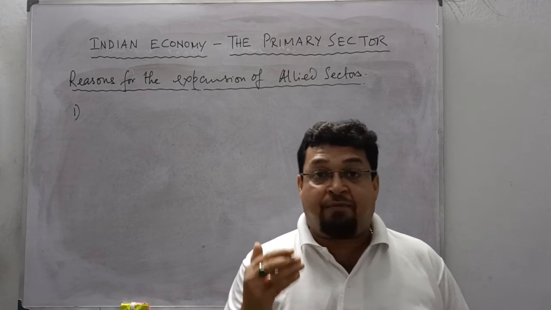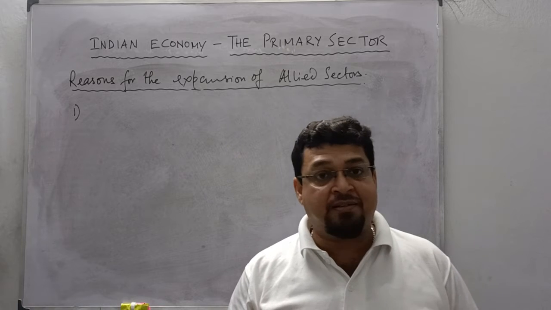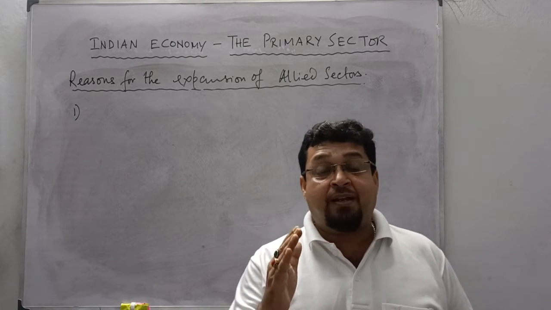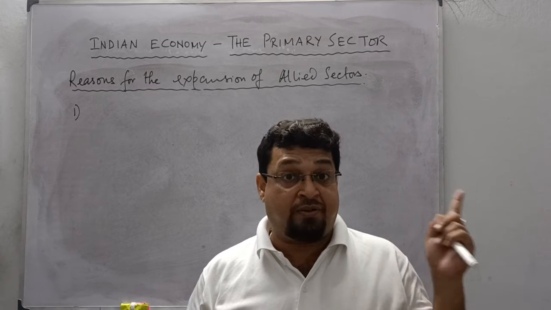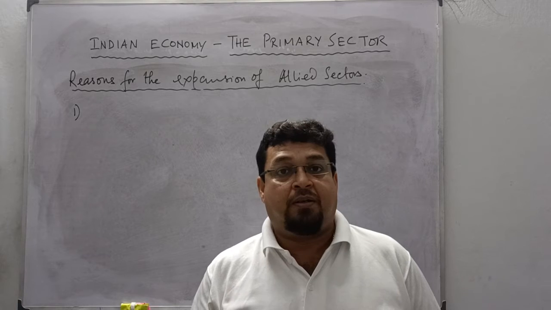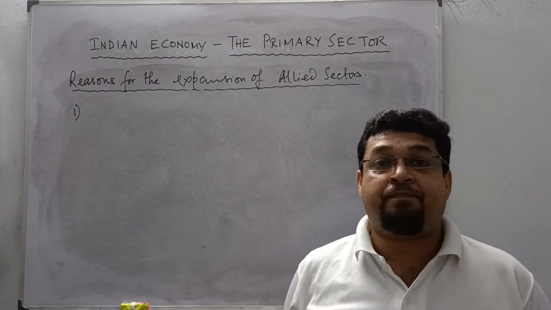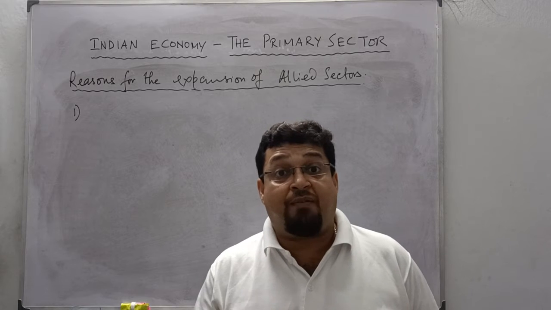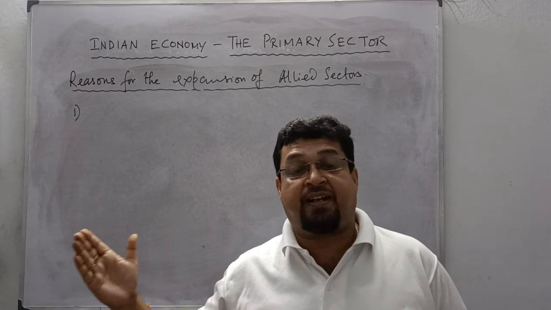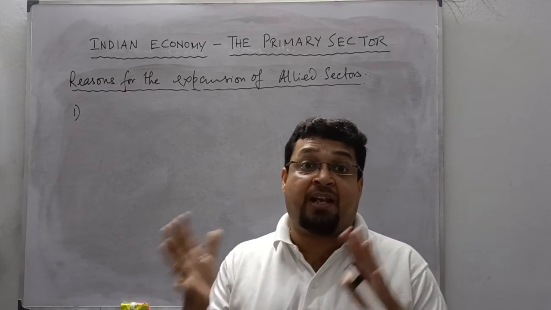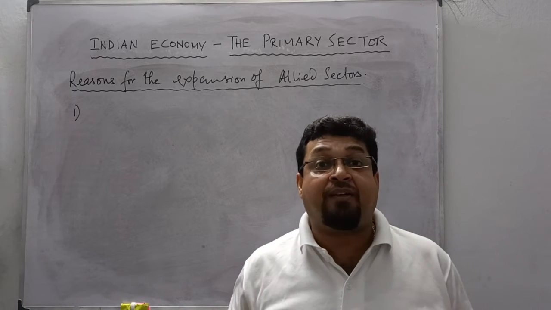So, to avoid this income fluctuation and to provide some scope of better employment opportunities, please listen carefully, to manage those income fluctuations and to avoid risk, the farmers or the rural people or agricultural producers get involved in some allied activities, so that they can at least manage with that and keep a moderate income to sustain their livelihood.